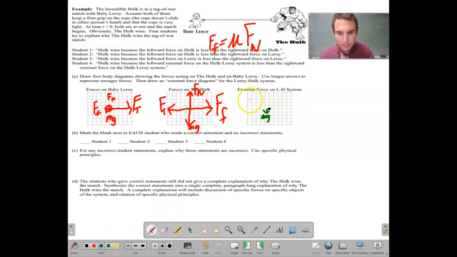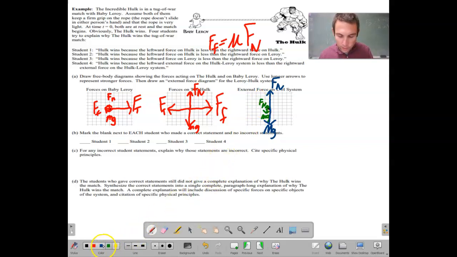So we'll use green for Baby Leroy's forces, and then we have Hulk, capital MG. Earth on Hulk, Hulk on Earth, normal force, normal force. All right.